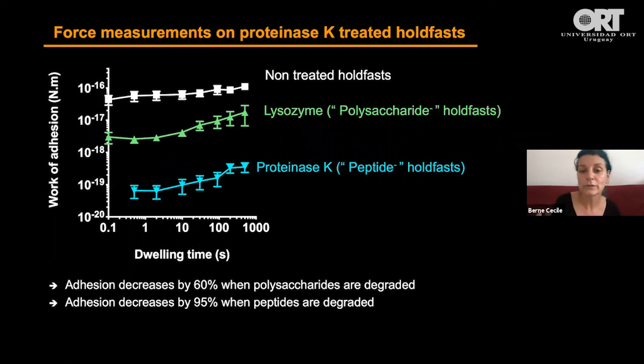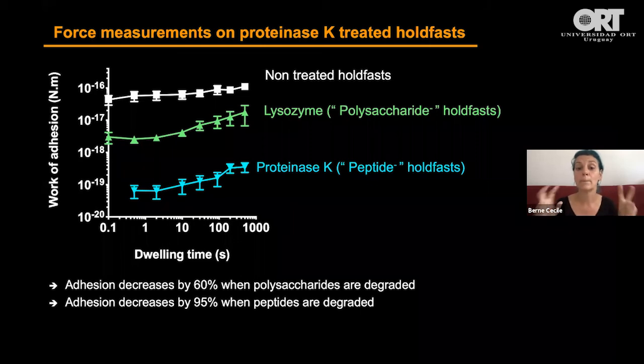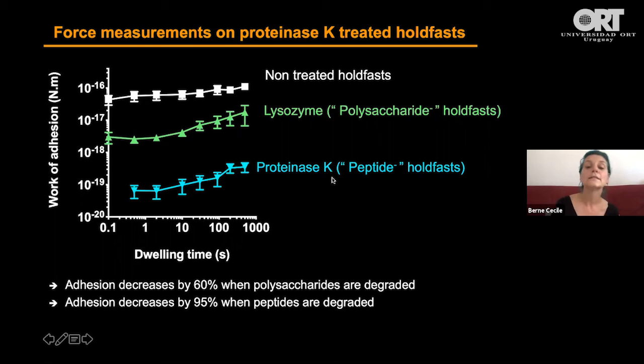So if we treat Holdfast with proteinase K, we will have peptide-minus Holdfast. We didn't know if there were peptides in the Holdfast at this point, but to be honest, I tested all the enzymes we had in our freezer, and I just show you the ones that work. So when you treat Holdfast with proteinase, you can see that we've got a 95% decrease of adhesion.